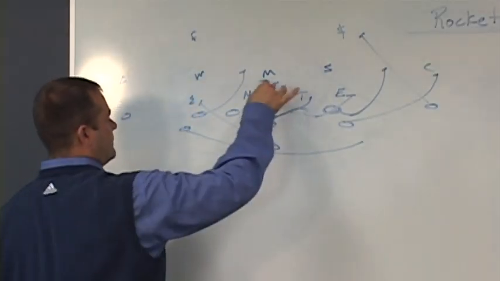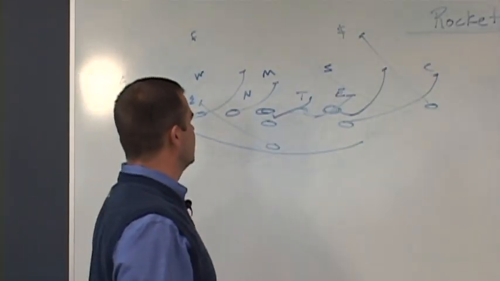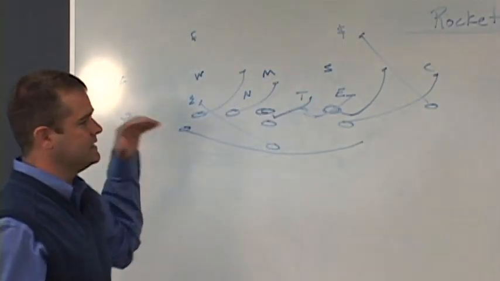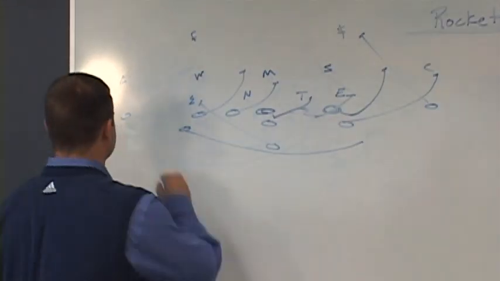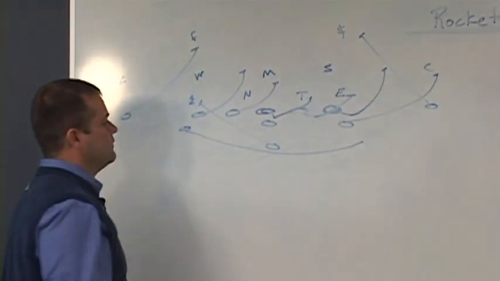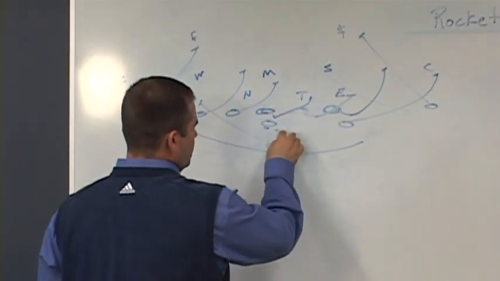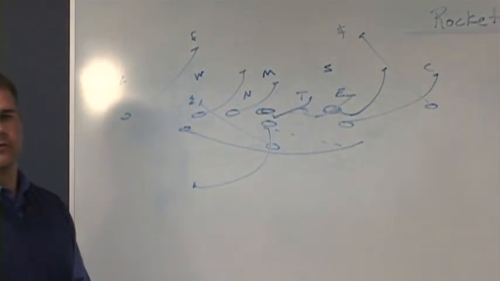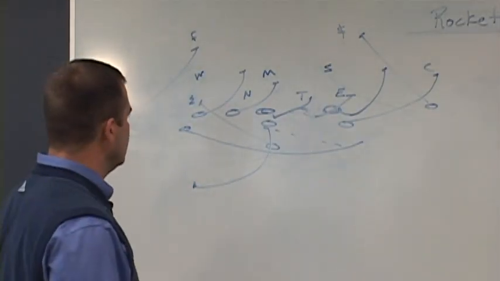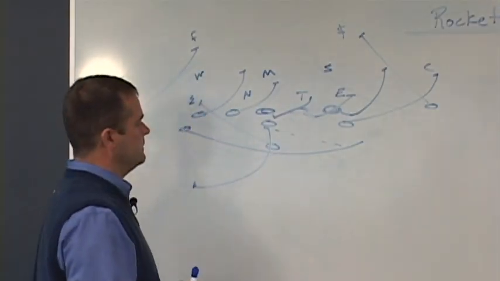The Mike linebacker does make a lot of plays on this particular play, but again, he has to run sideline to sideline, and that makes it tough on people, especially as the game progresses. Backside roll to the backside corner, and nothing changes. We do reverse out with our quarterback, and he's just going to turn and toss, and we're going to fake the boot, okay, because we will run the boot off of that. We'll run the boot off the rocket toss and all that kind of good stuff.